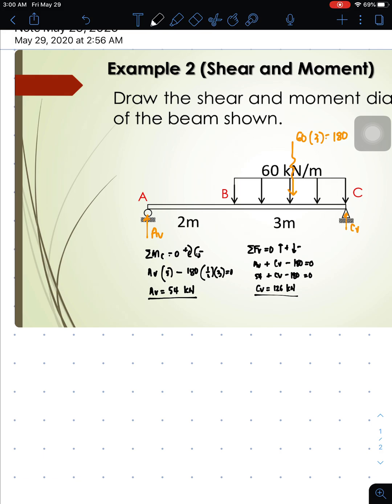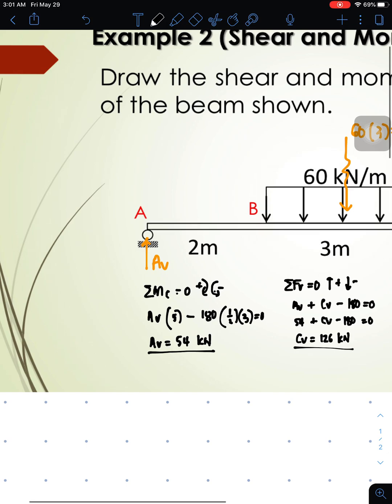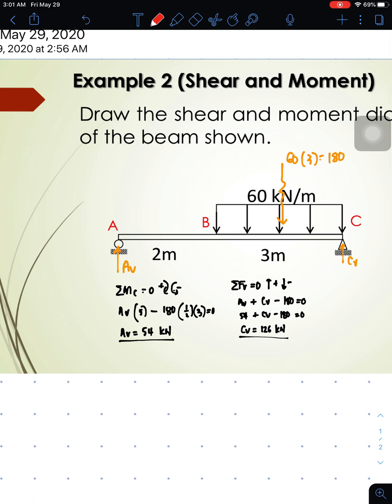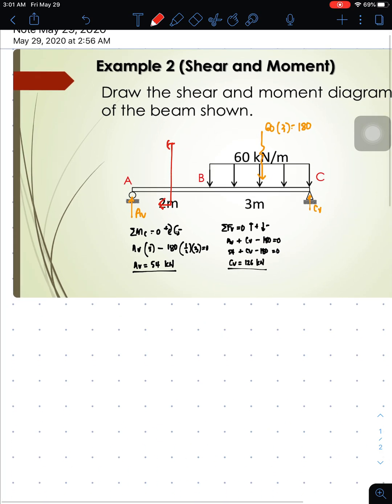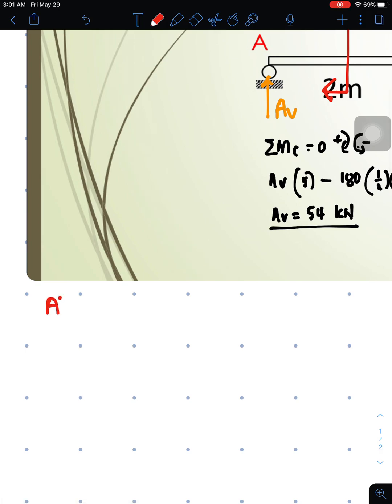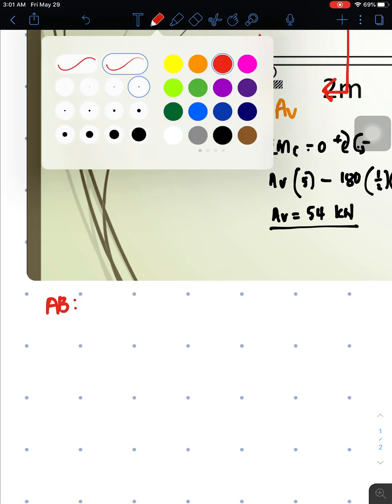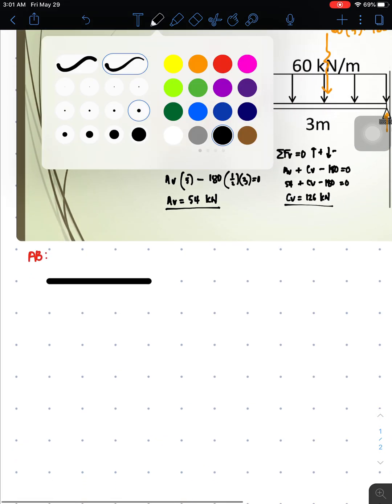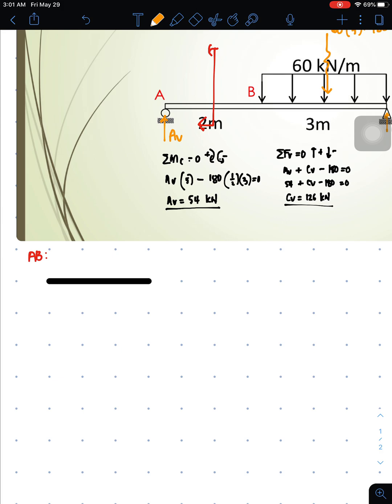Okay, so what will happen next is we will cut the beam. From A to B to C, there will be 2 segments. So we will be cutting at segment AB and consider the left. It includes the AV, and the distance is x at the point of cutting.